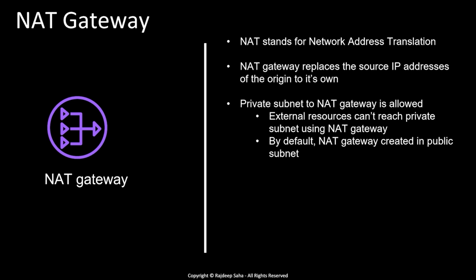By default, NAT gateway is created in a public subnet, but you can also create a private NAT gateway for VPC to VPC connections. NAT gateway is AWS managed and scales automatically.